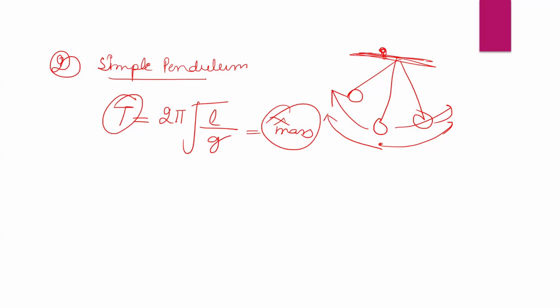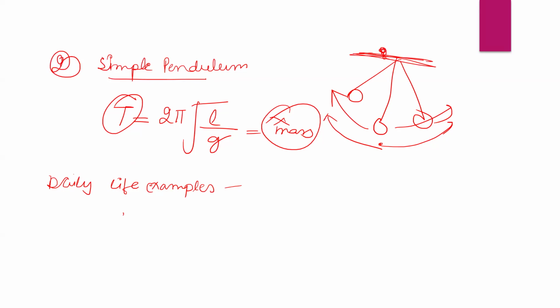Now let's take some daily life examples. Swings in a park. We all know a child on a swing moves back and forth in a motion similar to the simple pendulum.